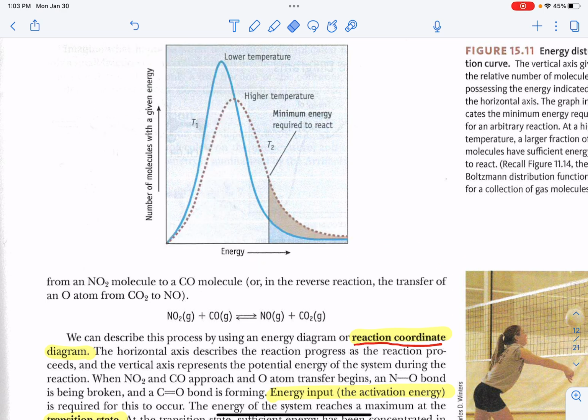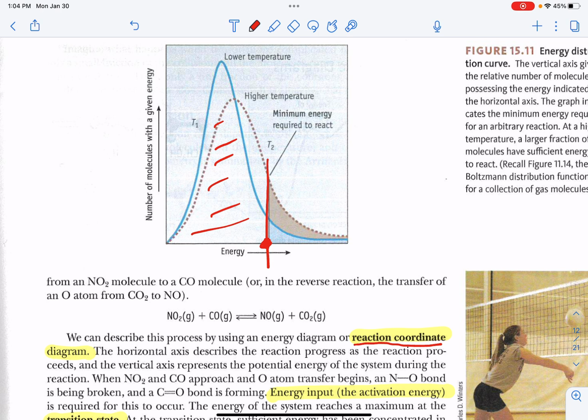So, let's imagine that the activation energy necessary for a particular chemical reaction to take place is this barrier right here. You have to have this much energy for the reaction to take place. So all the particles over here don't have enough energy.